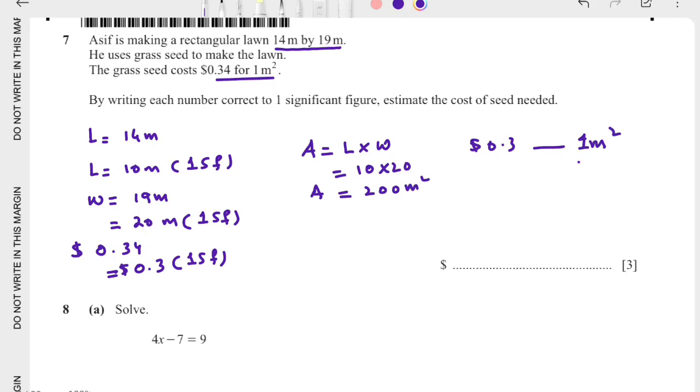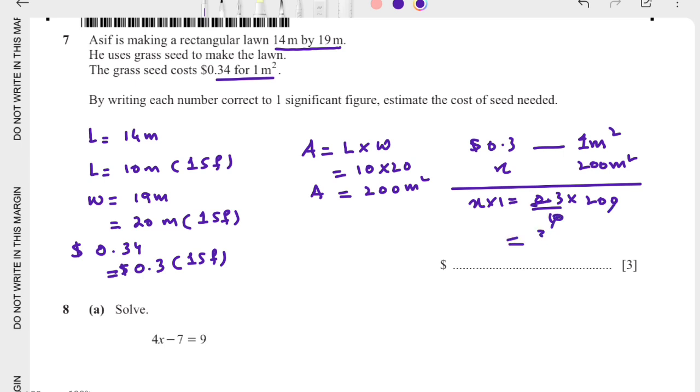So 200 meters square would be how much in dollars? To cross multiply, x times 1 is equal to 0.3 into 200. So the final answer would be 3 times 20. It would be 60.